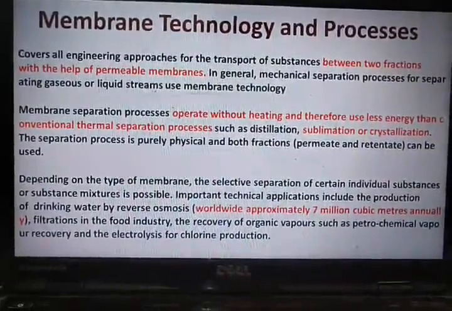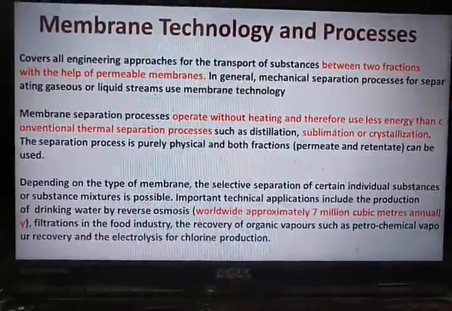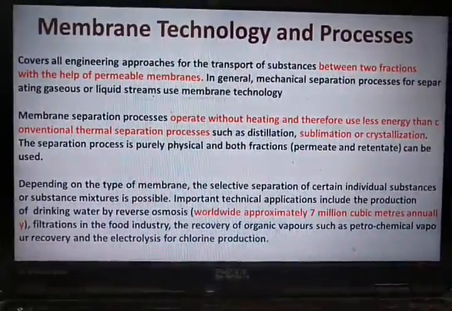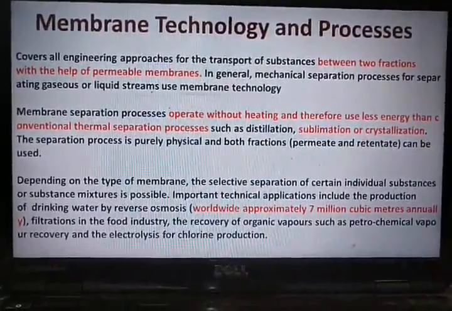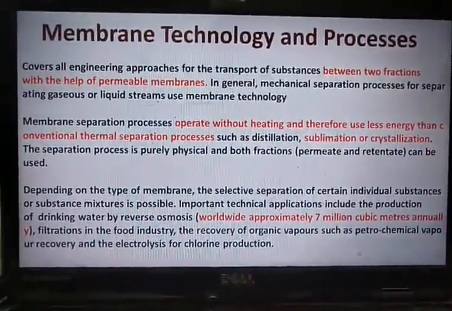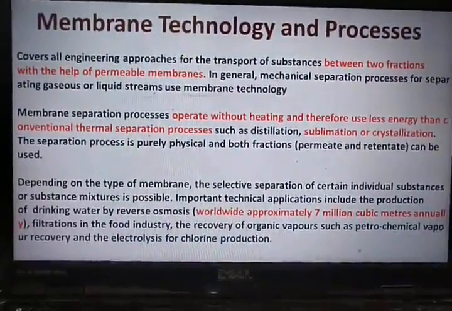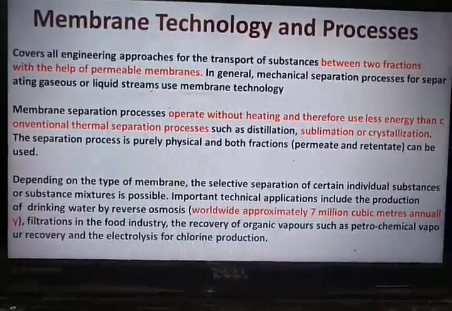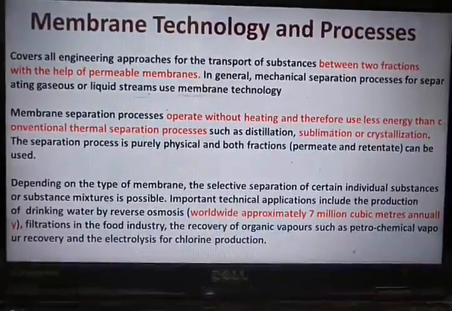Membrane separation processes involve no heat, and therefore use less conventional energy than some of the thermal processes available like distillation, sublimation, or crystallization. The separation process is purely physical, and both fractions, that is permeate and retentate, can be used.